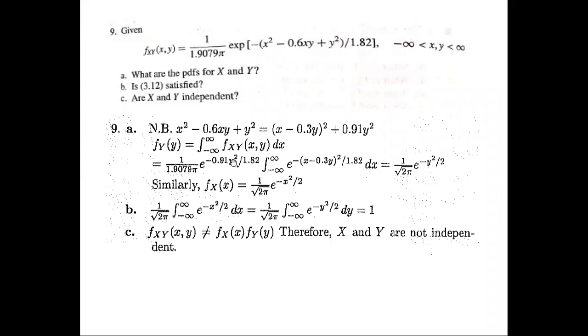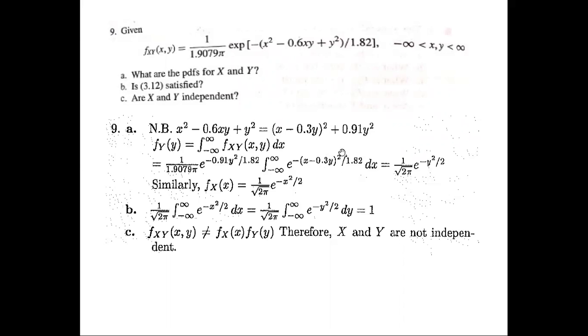We integrate with respect to x, so the y term can be taken out, plus 0.91 y squared, which becomes minus because of the minus sign here. The 1.82 is also taken out, and what we are left with is this term.